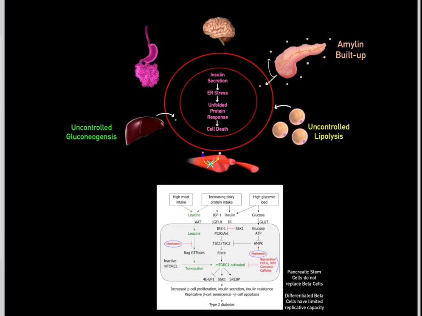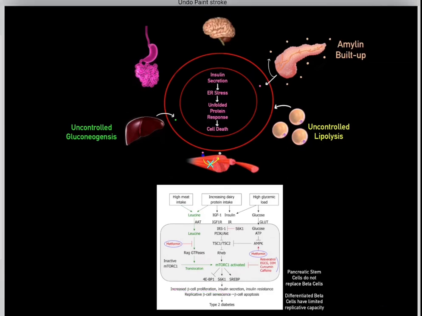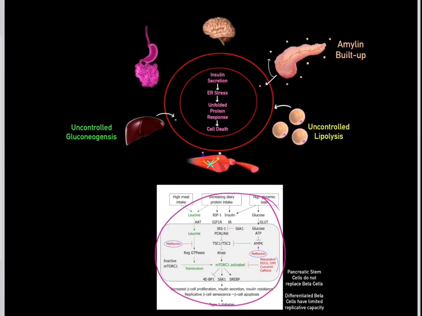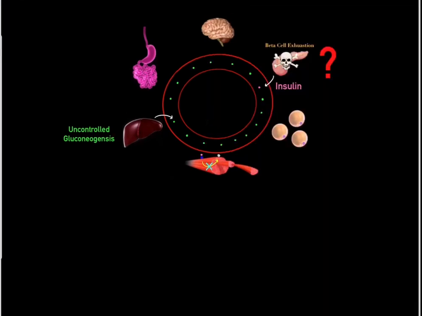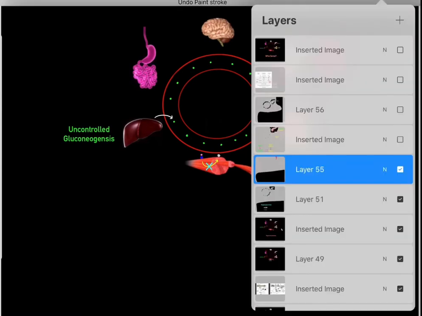And if you're constantly stimulating the division of these somatic beta cells, that will eventually lead to cellular senescence and theoretically beta cell apoptosis, leading to the death and the destruction of these beta cells. So the truth is, no one really knows the cause of beta cell exhaustion and whether it's reversible or not, so it's a highly debated topic.